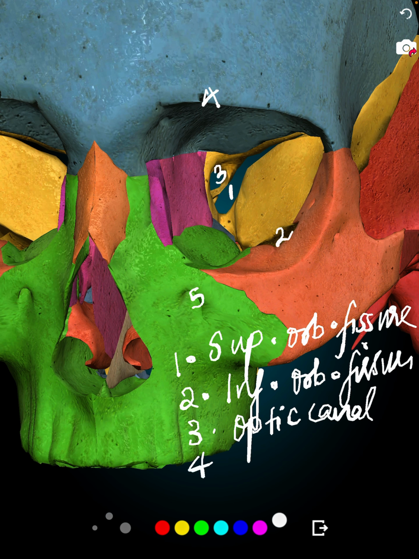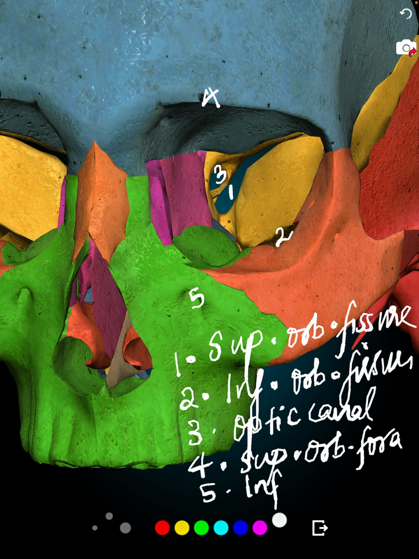Number 4 is your supraorbital foramen. And number 5 is your infraorbital foramen. The rest of the connections will be covered in another video.